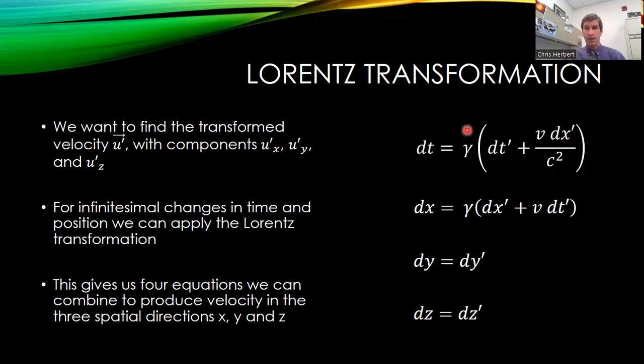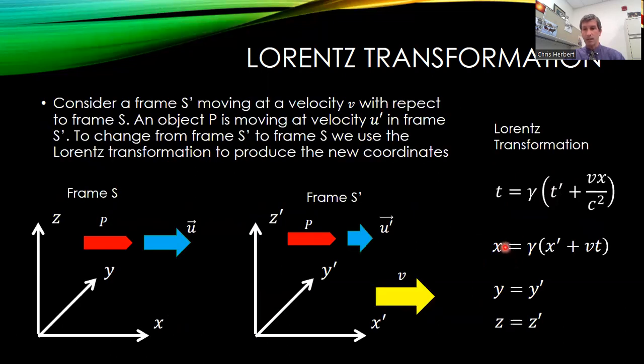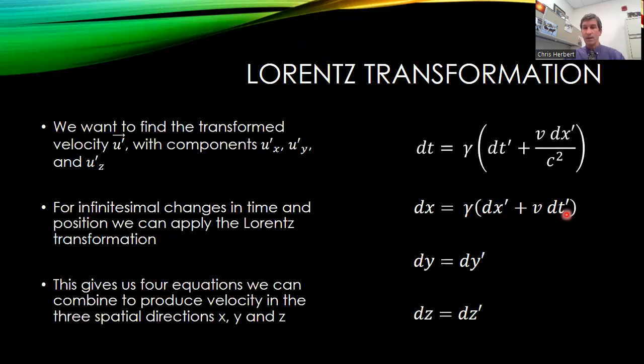All right, so we've got time so far. X, going back to the original, we take the derivative, or I should say the infinitesimal dx is equal to gamma times the infinitesimal dx prime, plus in that small little distance that I move, I do that in an infinitesimal amount of time. So this transforms to this equation right here.